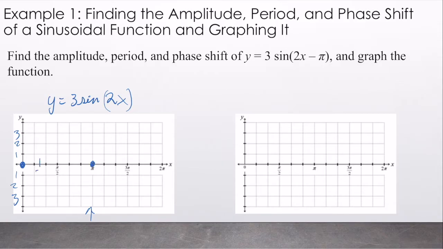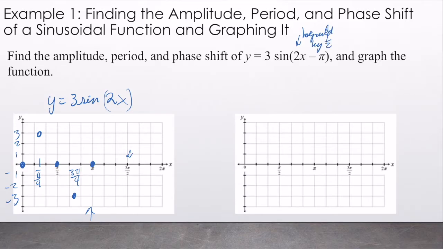Let's mark some other points. Pi over 4 is going to become 3. Pi over 2, whereas before pi was 0, now pi over 2 is 0. Whereas before 3 pi over 2 was -3, now we're going to have it be 3 pi over 4, because it's that horizontal compression by 1/2.